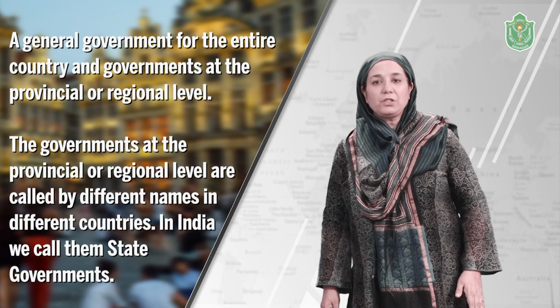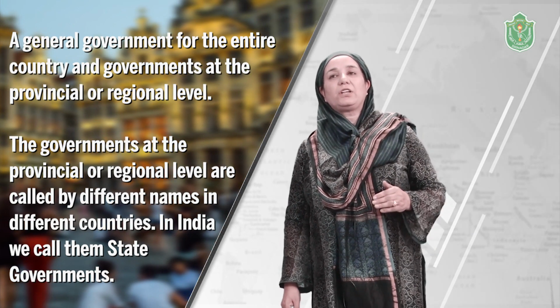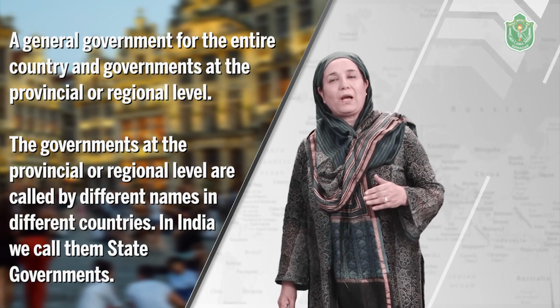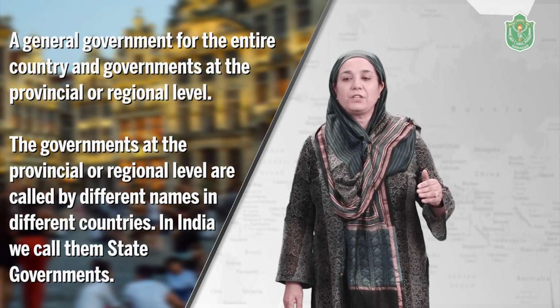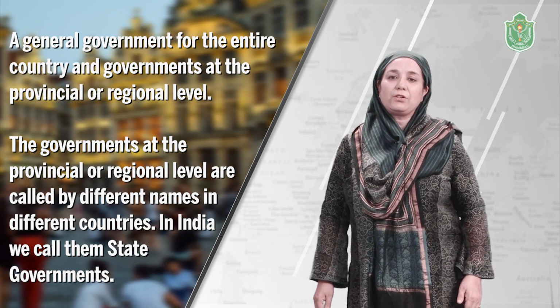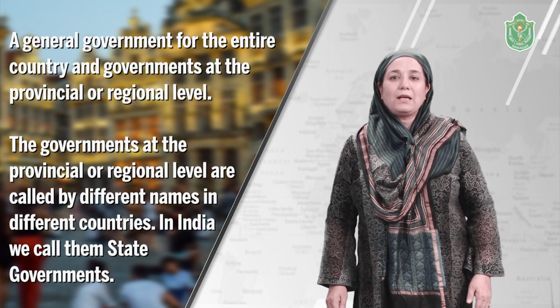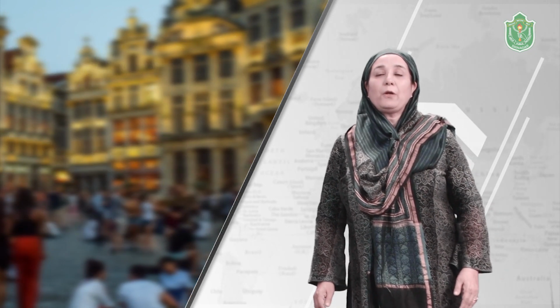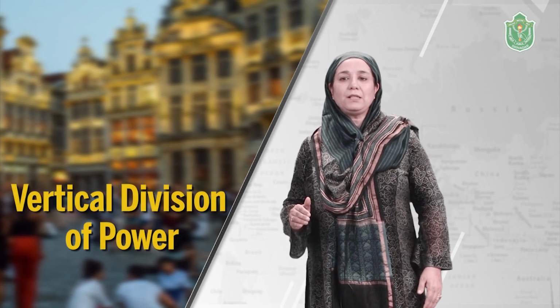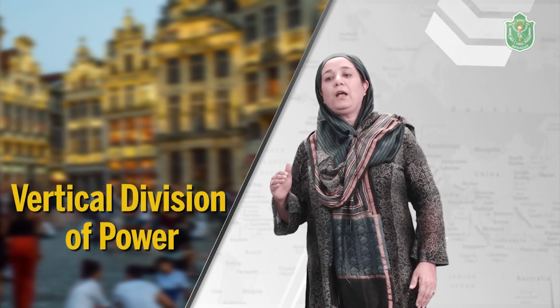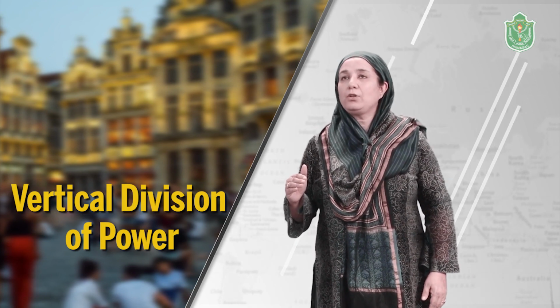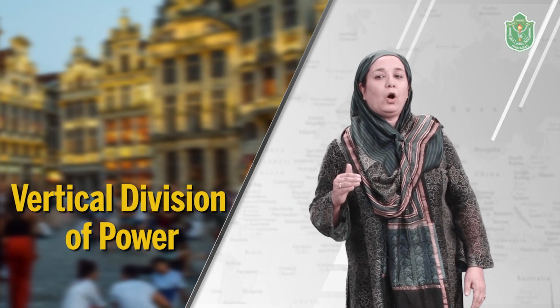The governments, children, at the provincial or regional level are called by different names in different countries. In India, children, we call them state governments. Now, this system, where power can be shared at different levels, is not followed in all countries.